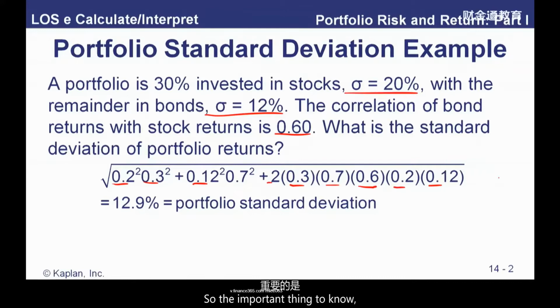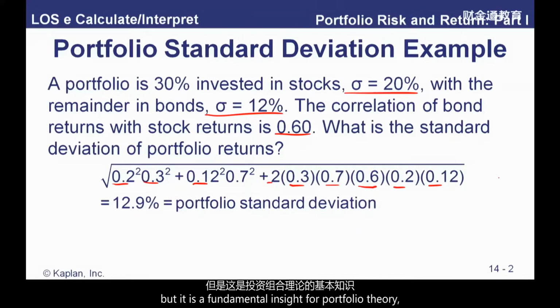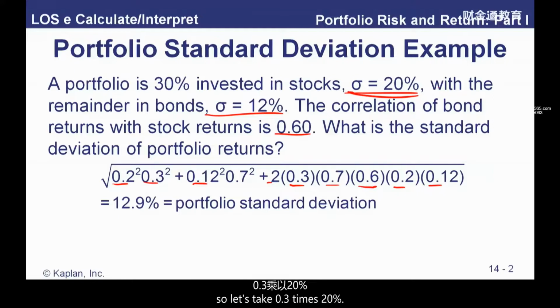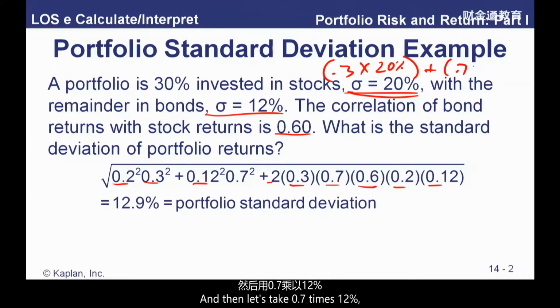So an important thing to note, and I know I talked about it on the last slide, but it is a fundamental insight for portfolio theory, is to recognize that if we just said, look, we've got 30% of our portfolio in stocks, so let's take 0.3 times 20%, and then let's take 0.7 times 12%.